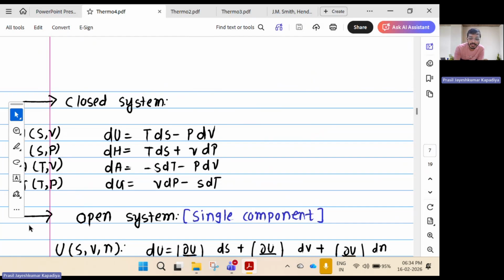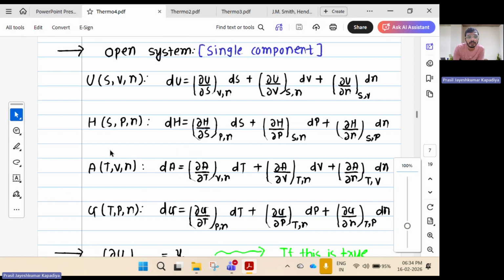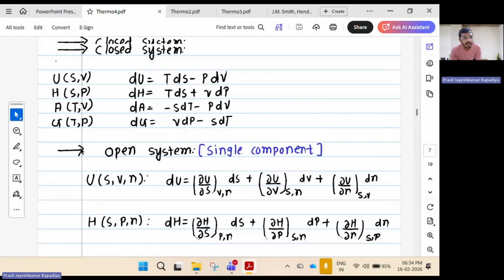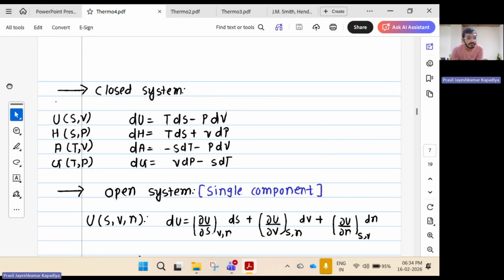For a closed system, we had looked at these particular equations. Yes, we had looked at this equation that U is a function of entropy and volume, and I can write dU is equal to TdS minus PdV.